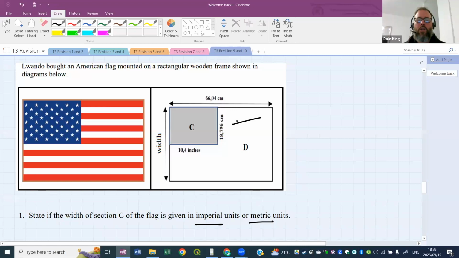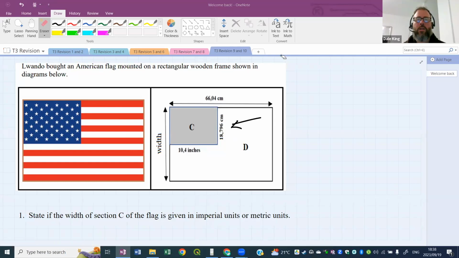This dimension here. Guys. This one here. The width, the shorter one. Not the long one. The shorter one. Is it imperial or metric?